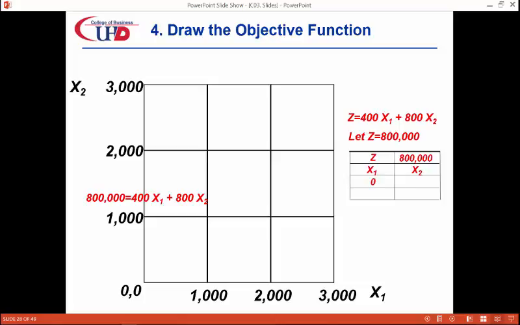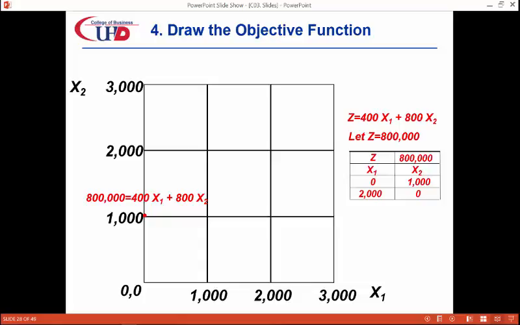Suppose we try to get such profit by producing no Max, so let x1 equal 0. Then we need to produce 1,000 of Max, since each Max contributes $800. That gives us the first intercept on the x2 axis. Then switch to the x1 axis, this time produce no Max, and x2 equals 0.